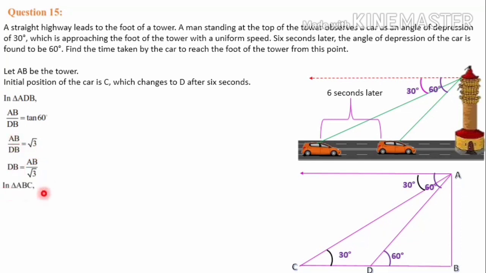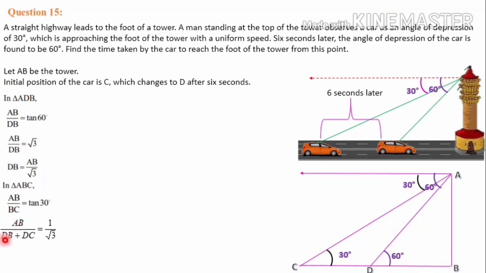Then in the bigger triangle ABC, the angle mentioned is 30 degrees. With respect to this 30, AB is opposite and BC is adjacent. The ratio is tan, so AB by BC is equal to tan 30. In the previous question also we split the base. In the same way, BC can be split as DB plus DC.